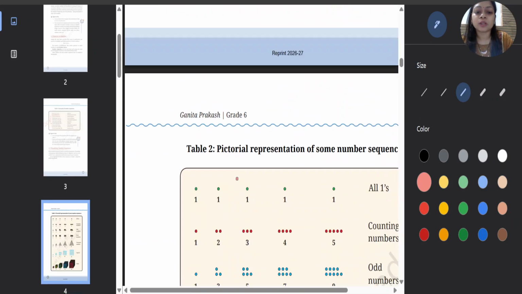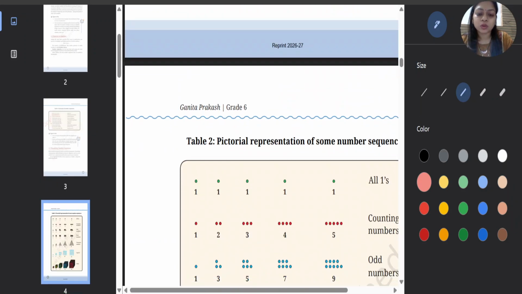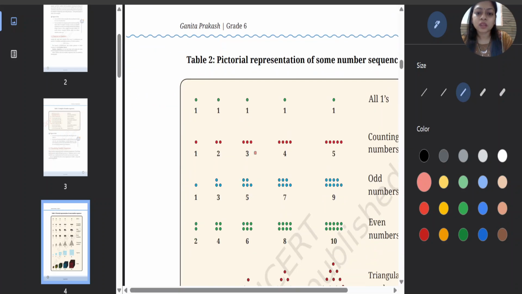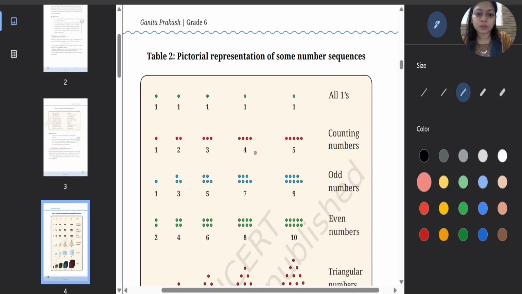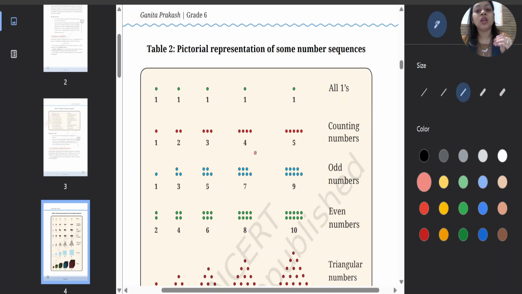If I talk about the picture format, it will look something like this, where this is the same picture representation of the number sequence which we see above. Like all 1s, 1 dot each, then you have 1 dot, 2 dots, 3 dots, 4, 5 dots, and so on.